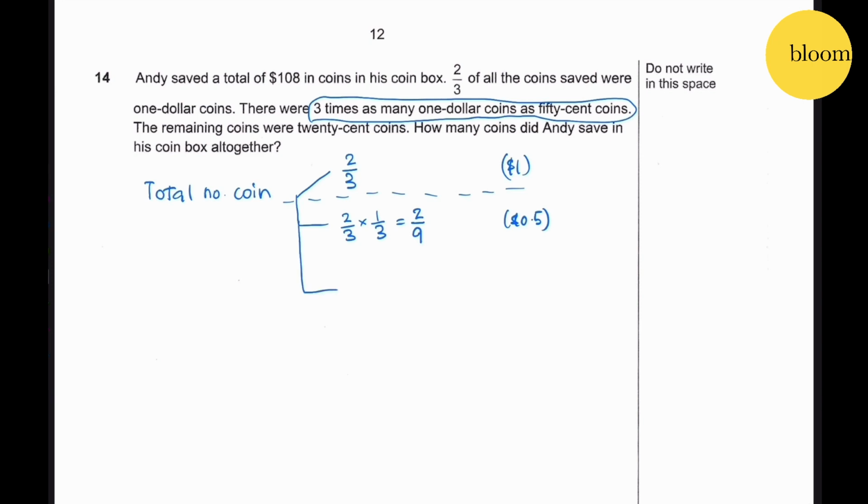Therefore, in order to have the common denominator, we multiply by 3, multiply by 3. That gives us 6/9. Hence, the number of 20-cent coins is given by 1/9.